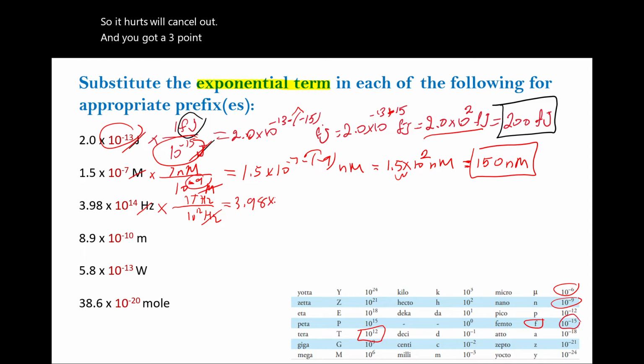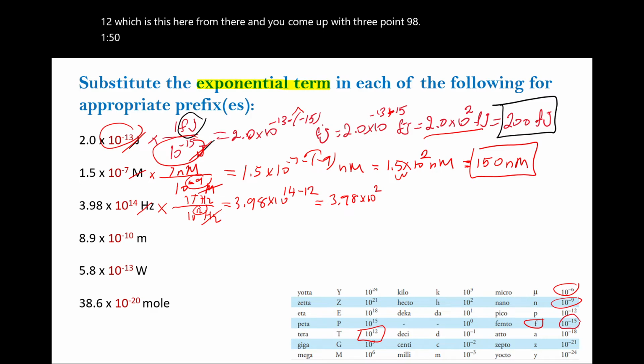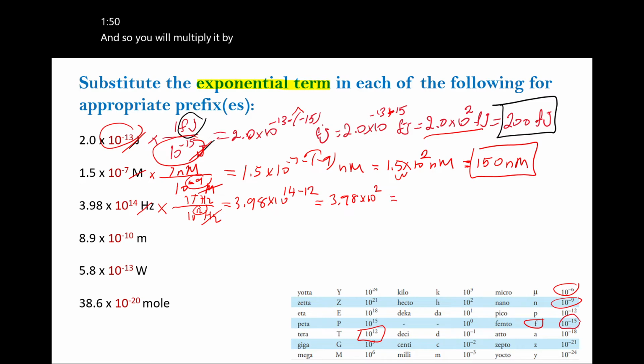And you got 3.98 times 10 to 14th, and so you subtract 12, which is this here, from there, and you come up with 3.98 times 10 to 2, and so you will multiply it by 100 to make it decimal. So when you move from left to right, you basically subtract.